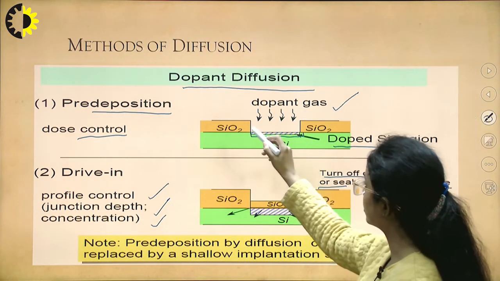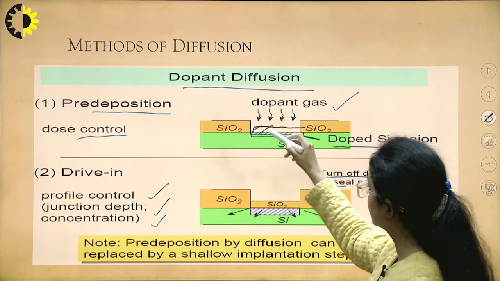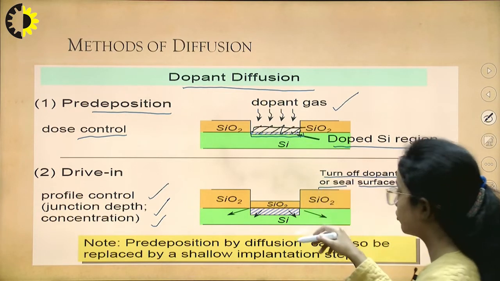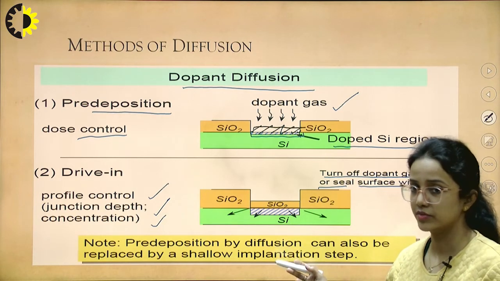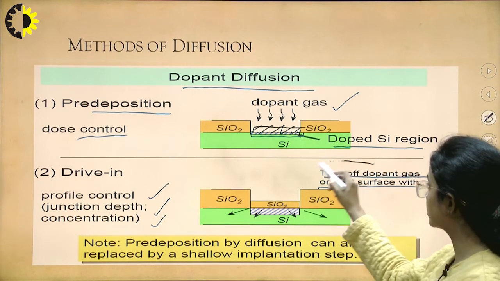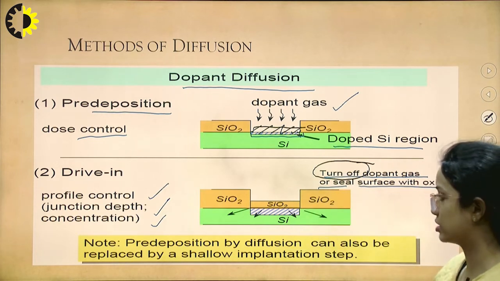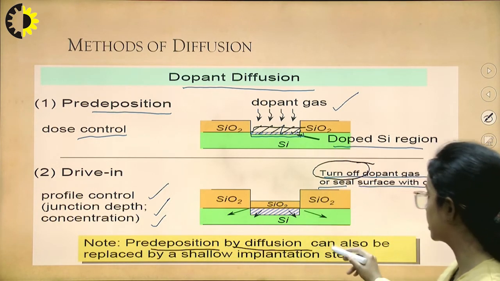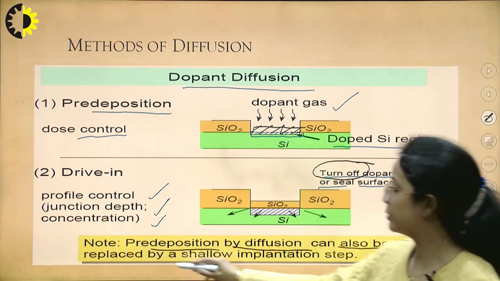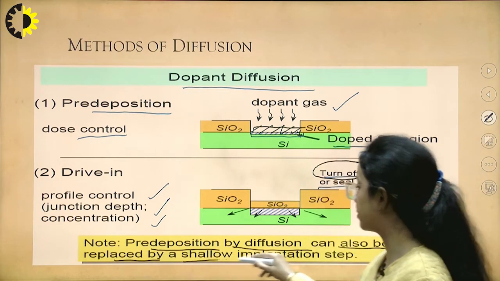Using this lock, we cannot add any more dopant. So it is actually turning off the diffusion process. Pre-deposition by diffusion can also be replaced by a shallow implantation step.